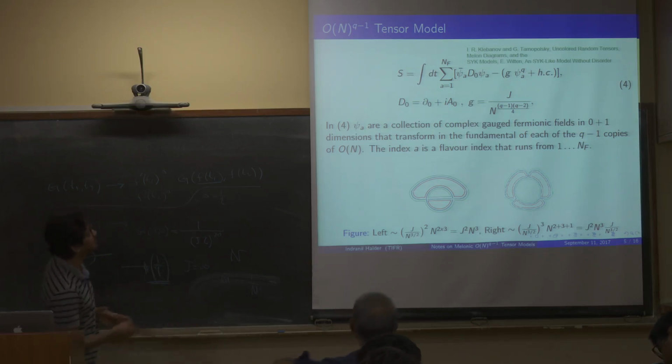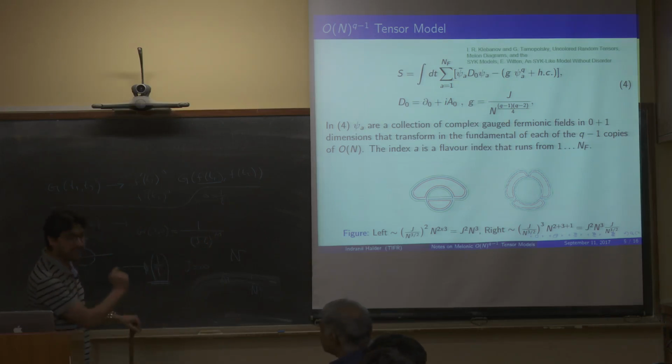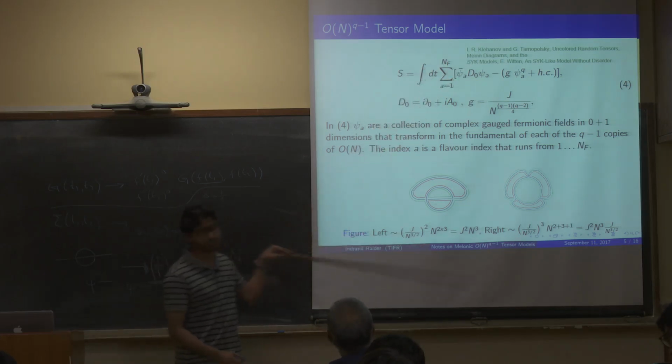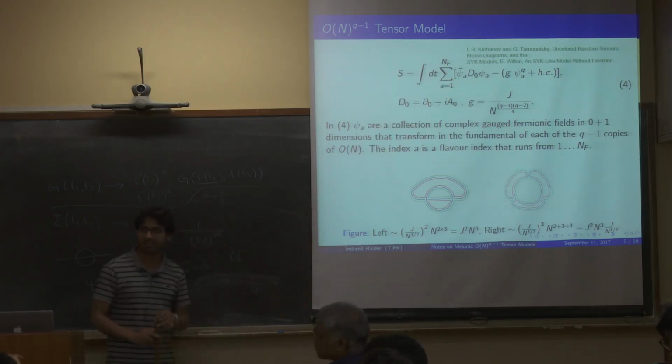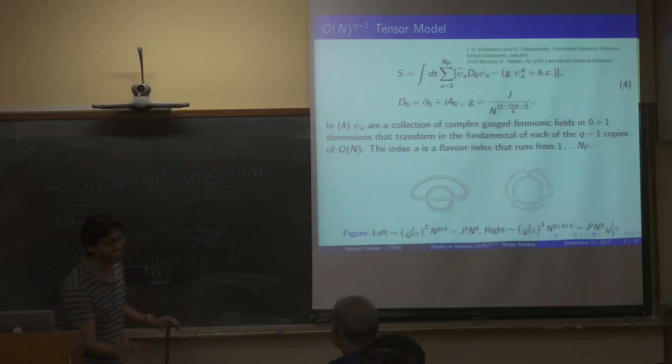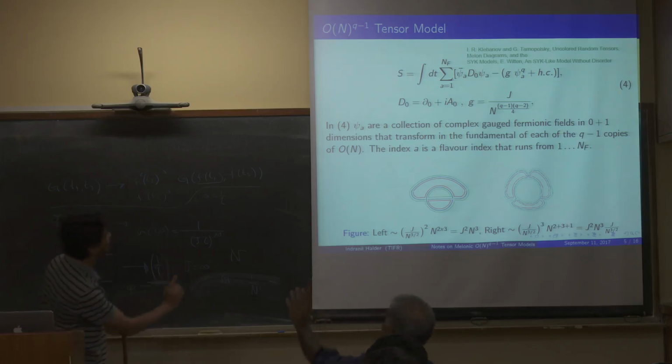What I mean is that if you really want to make the statement that you are gauging your theory and writing it in a manner where you have things that have gauge indices, that explicit thing probably came in this paper. That's all I meant. Clearly Witten had gauge theory in mind. He does mention it for sure. Fine, I am not criticizing. I'm just making sure there was nothing missing in my understanding. Okay, go ahead.